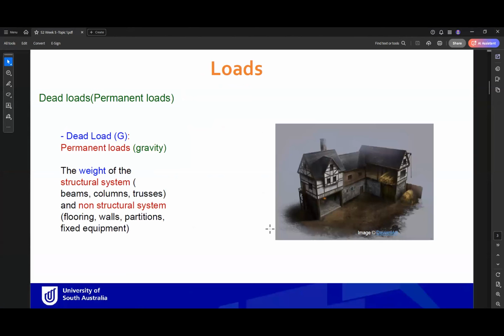So what are the types of loads we have on the building or the structure?